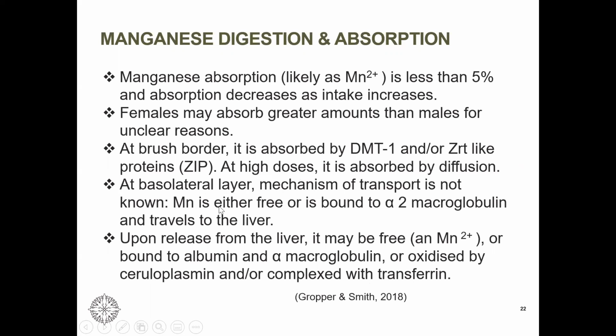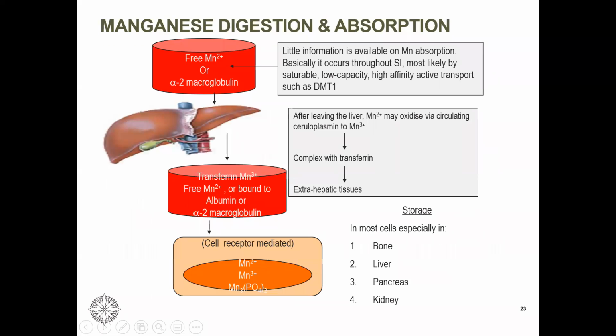At the basolateral layer, we don't know how manganese is coming into the blood, but mostly it is carried with albumin or macroglobulin, and sometimes it is also found attached to ceruloplasmin, which is a copper transporter, and transferrin, which is an iron transporter. So if I am taking a manganese supplement in higher doses, there is a chance of competitive inhibition for iron and copper absorption.